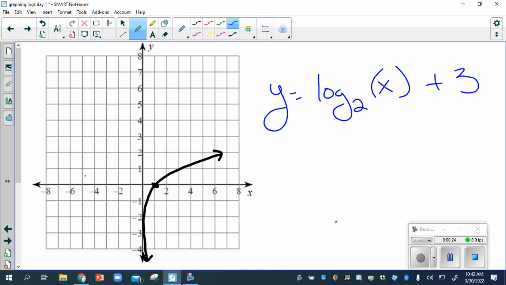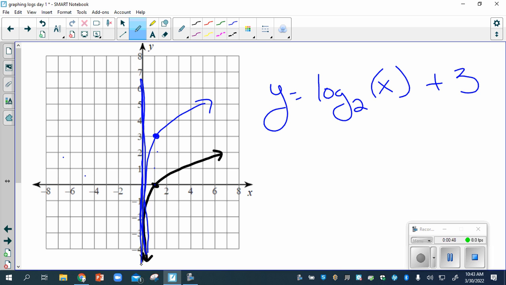So watch what I'm going to do. I am literally just going to take this and go up 1, 2, 3. I'm going to put a dot there. And on this one, my lava line does not change, because remember, my lava line is right there. I just moved it up.